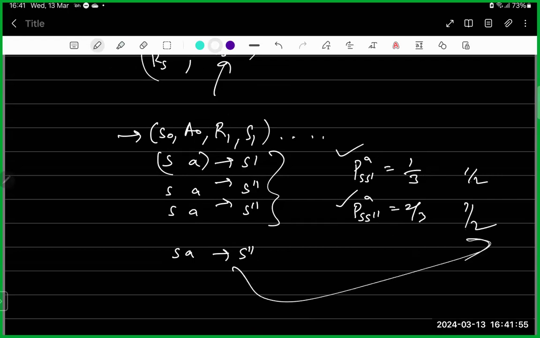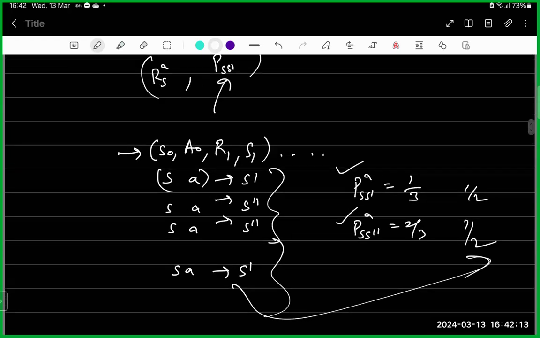Based on these four samples, you would have updated them to half comma half, since you went to S dash two times and S double dash two times. So it's just a trivial estimation of your model parameters based on whatever data you are seeing.